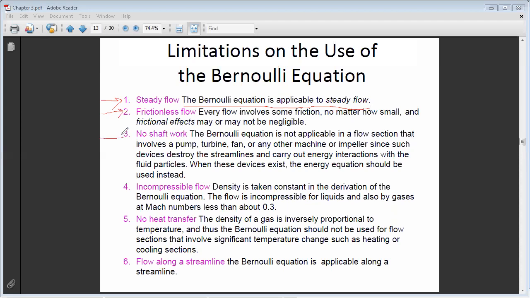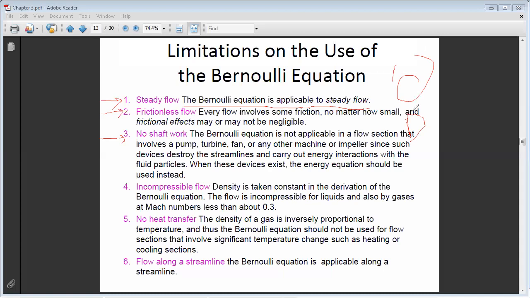A third condition, of course, is that we should not have shaft work. What do we mean by this? Let us say you are considering what is happening in a pump or in a turbine. Why can you not use the Bernoulli equation? Because in this case, let's say for a turbine, you have rotation.